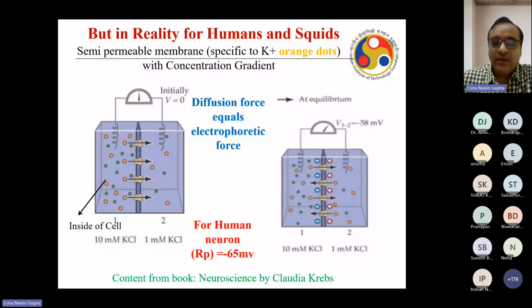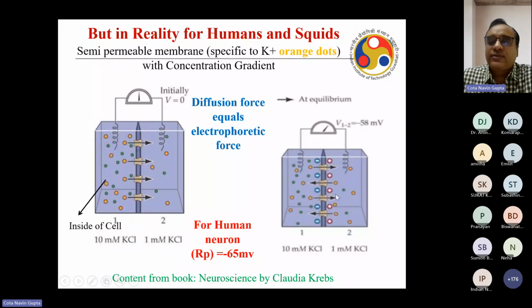Thank you. So you can see that there is an electric field created at the semi-permeable membrane. Because of that electric field, some positive K plus ions from the outside of your cell membrane go into the inside, until the electrophoretic force equals the diffusion force.